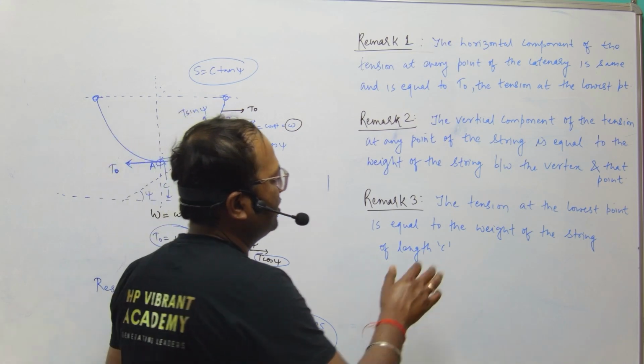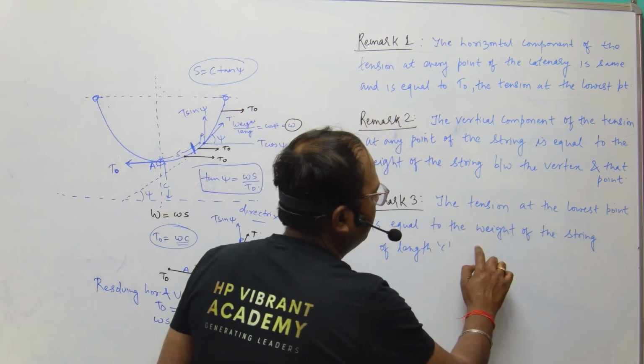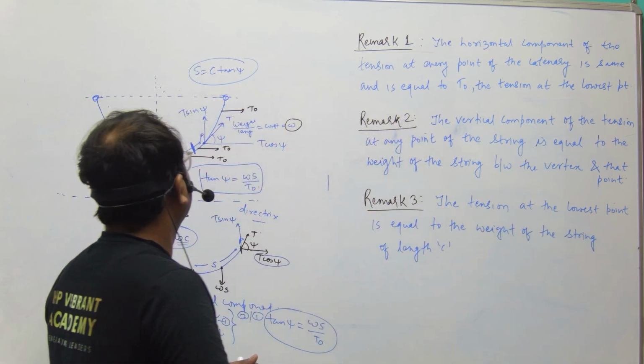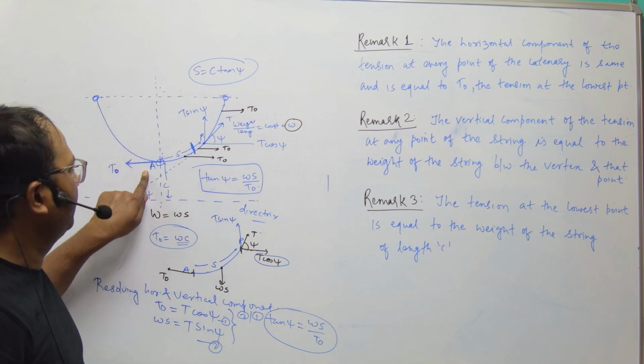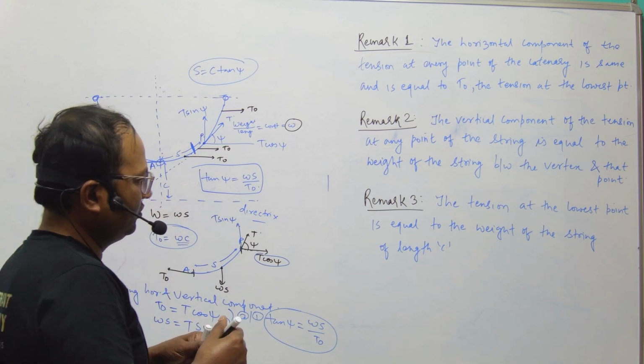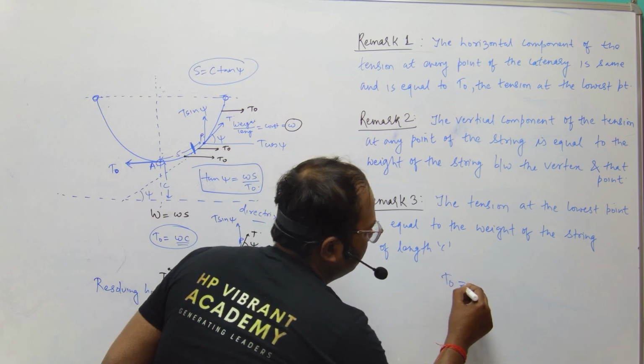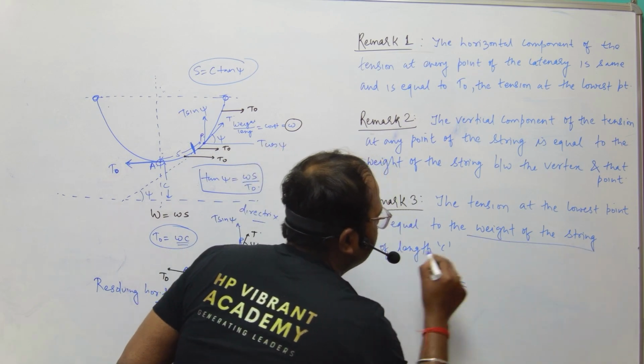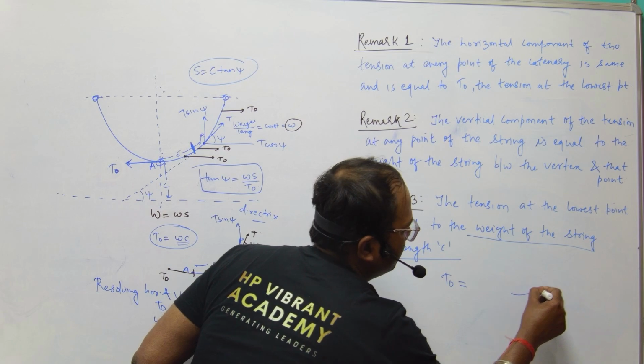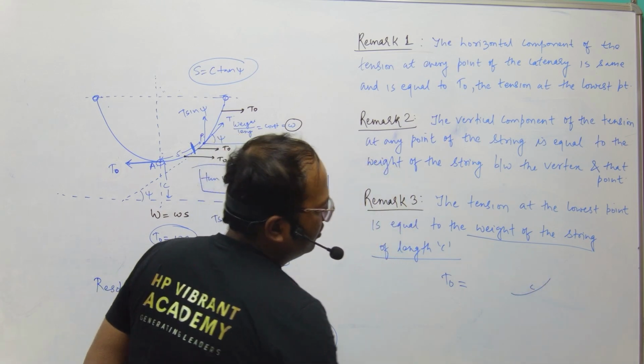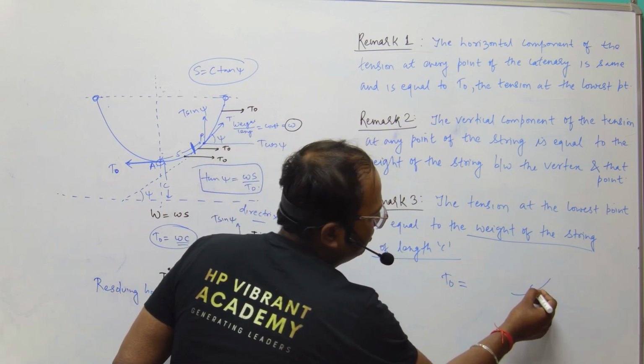The tension at the lowest point is equal to the weight of the string of length C. So this value of T naught is equal to the weight of the string of length C. Suppose the length of the string is C.